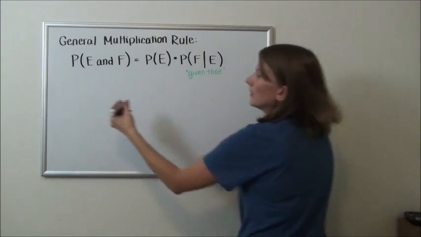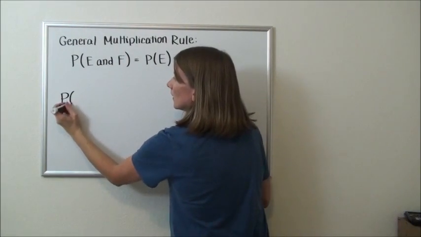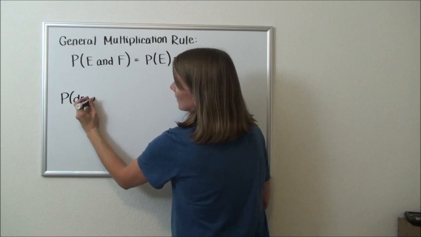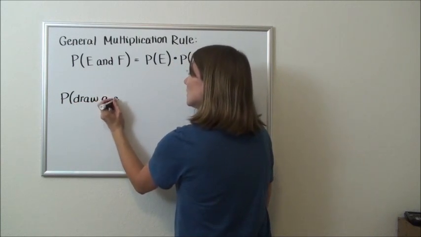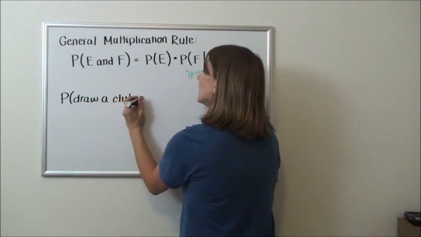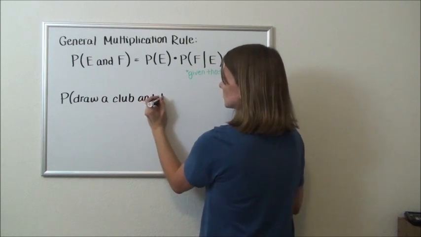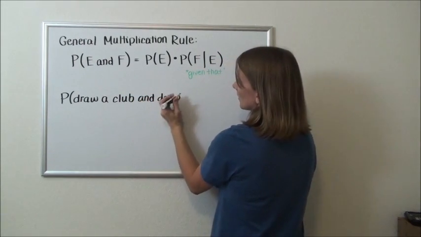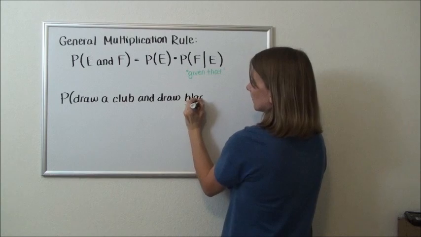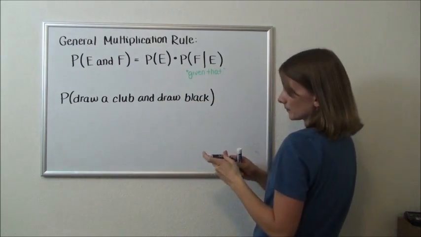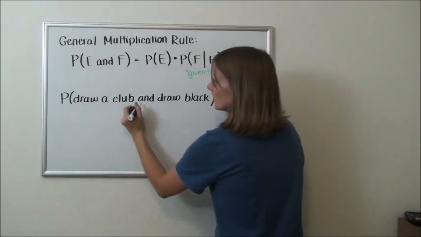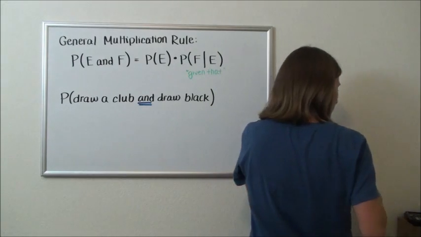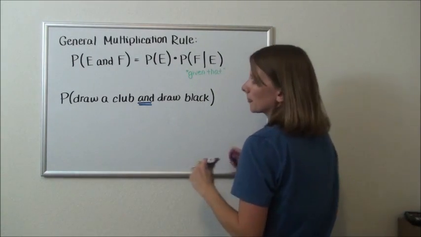Let's look at the probability that I draw a club and then I draw a black card. Again, the key word is "and." It means we're going to be multiplying at some point.